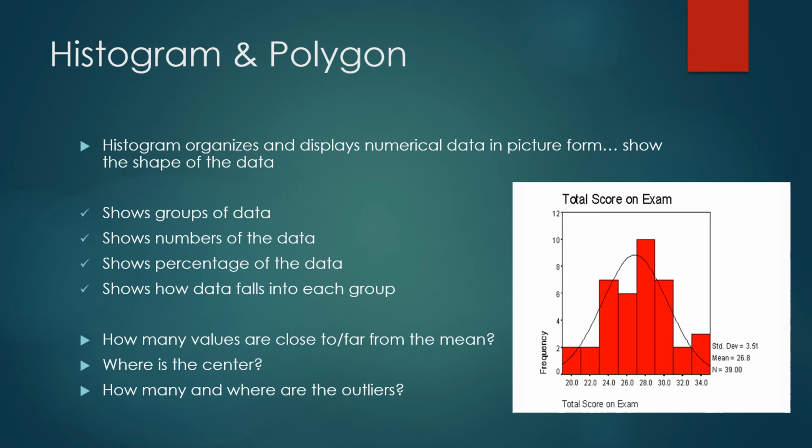So when you have a histogram, what it allows you to do is to clearly picture for your reader your standard deviation as well as your mean, where your center is, and how many and where your outliers are. So this one that I'm showing you doesn't have an outlier. If you had one little bar way on the outside, so say for example, everybody in the class is from 18 to 25, but you have a student in college who's 10 years old, that's an outlier, right?